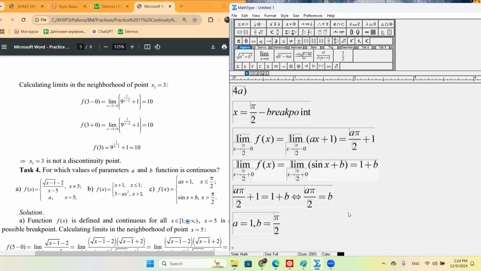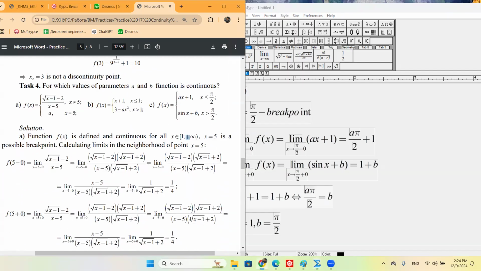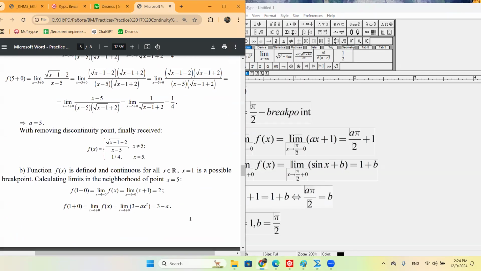So this is one variant of parameter sets. We can assign even zeros to both of them, and we will just have 1 for x less or equal than pi over 2, and sine of x for x greater than pi over 2. So any values that we want.